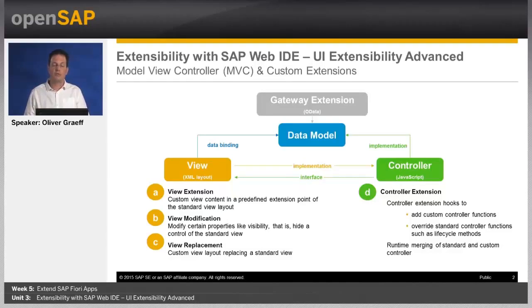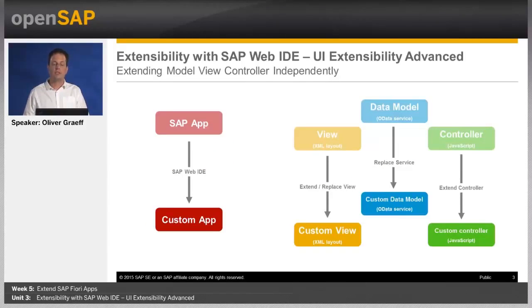And for the view and for the controller, you see the possible extension options: the view extensions, meaning implementing an extension point, the view modifications, for example, changing the visibility of a UI element, and the view replacement, which we're going to cover in this unit. And the controller extension, which we are also going to look at now.